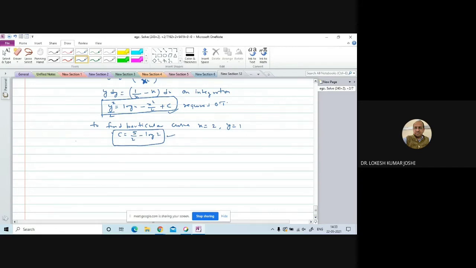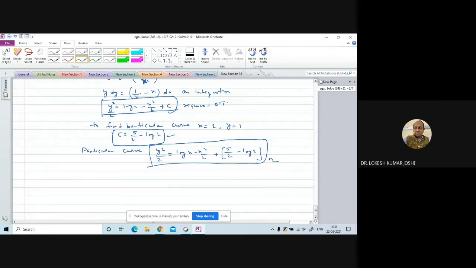Finally, the particular curve will be y square upon 2 equals log x minus x square upon 2 plus 5 upon 2 minus log 2. This is the particular orthogonal trajectory which is passing through x equals 2, y equals 1.